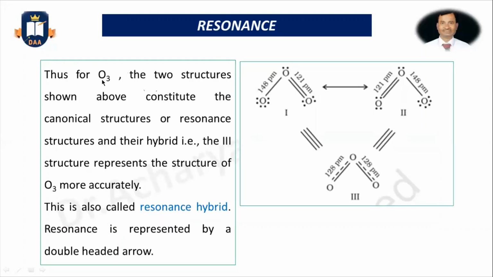Thus, for the O3 molecule, these two structures are the canonical structures, and between them a double-headed arrow is drawn like this. And this structure number 3 is the resonance hybrid structure.